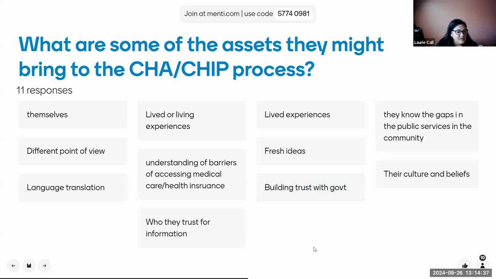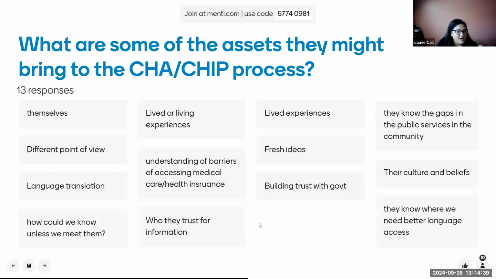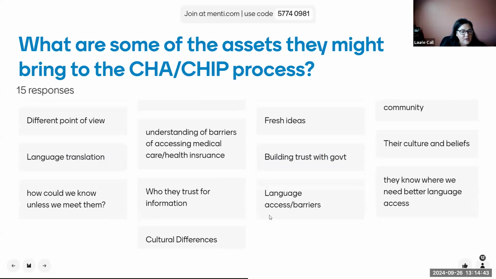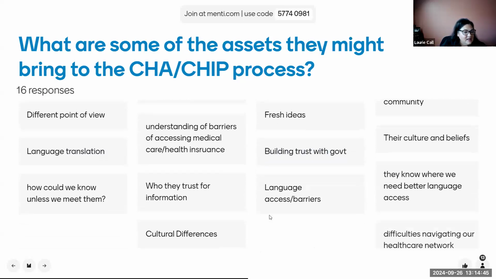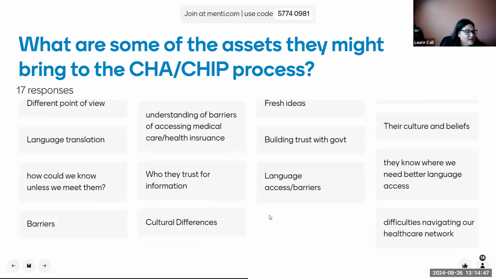Building trust with the government and how to do that, who they trust for information, their trusted sources. They know where we need better language access and those barriers. You might not know until you meet with them. Different points of view, language translation, difficulties navigating our healthcare network. Okay, great. Those are all some great ideas.